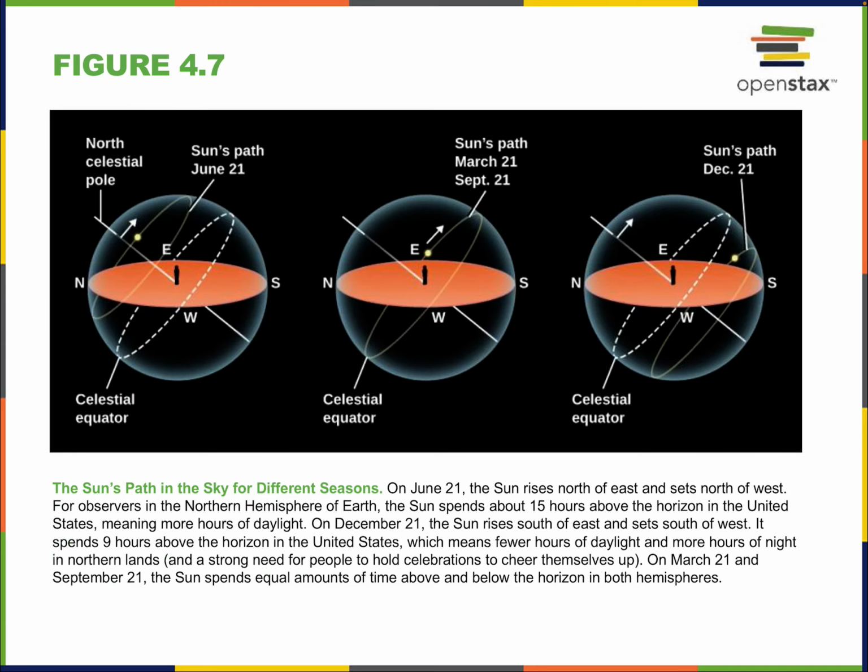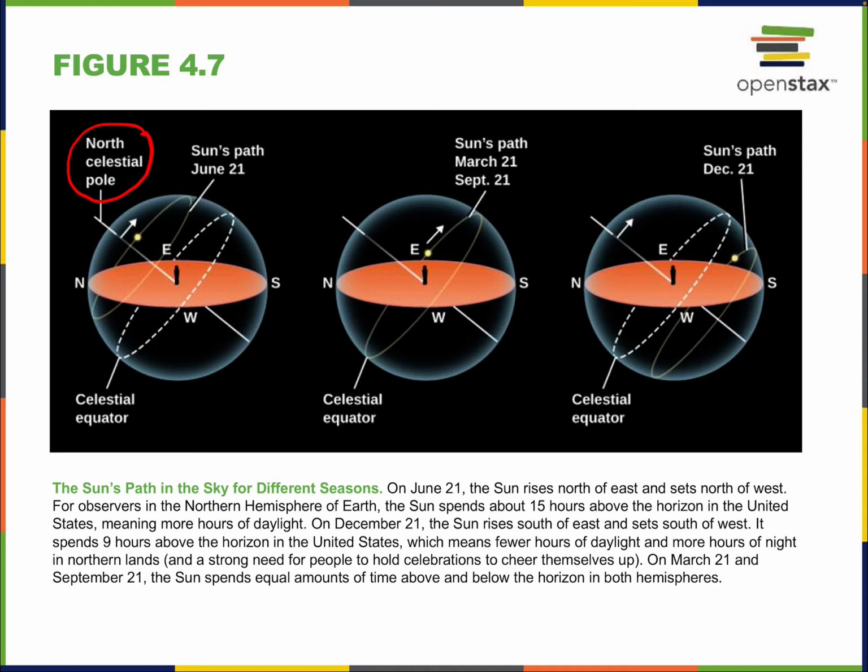Now, another interesting thing about the Earth's tilt is that we can think about the celestial pole and where it's positioned in the sky. Okay, now what is the celestial pole? Well, the celestial pole is just a projection of the Earth's rotational pole.